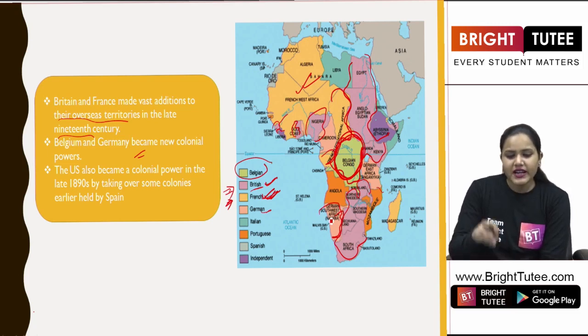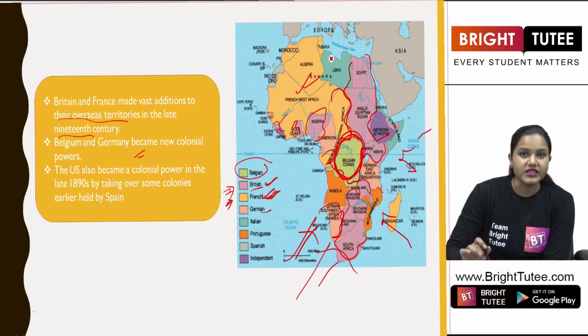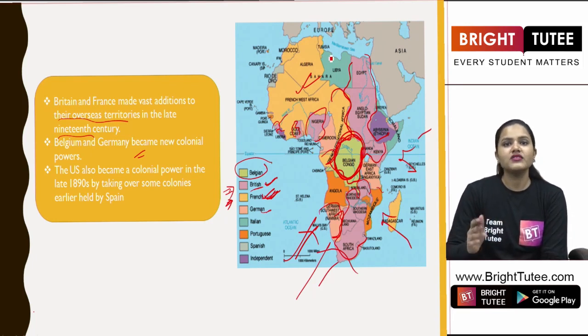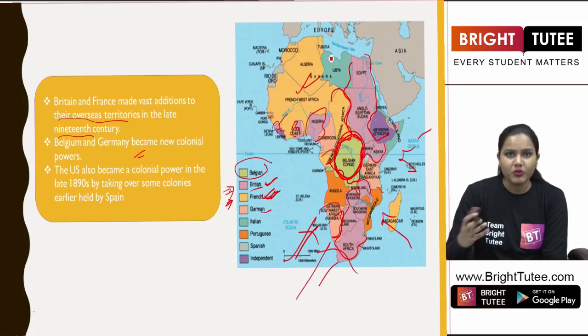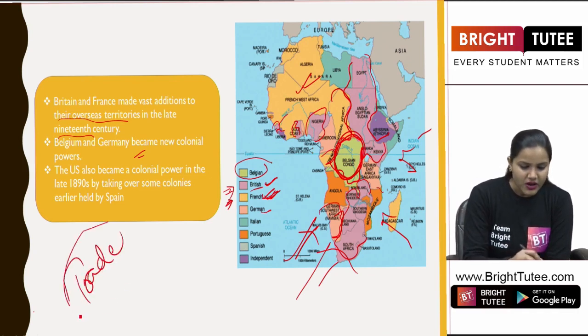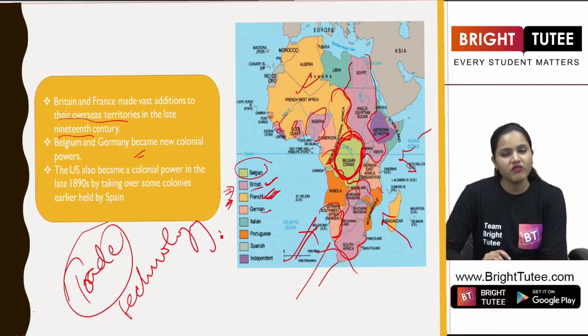So what are you understanding through this map here, students? We are seeing that the big European powers were now acquiring different territories. And how is it helping in globalization? Now we learned that many factors were responsible for globalization, right? And trade or technology or moving from one place to another, that is one of the basic things that we have learned.